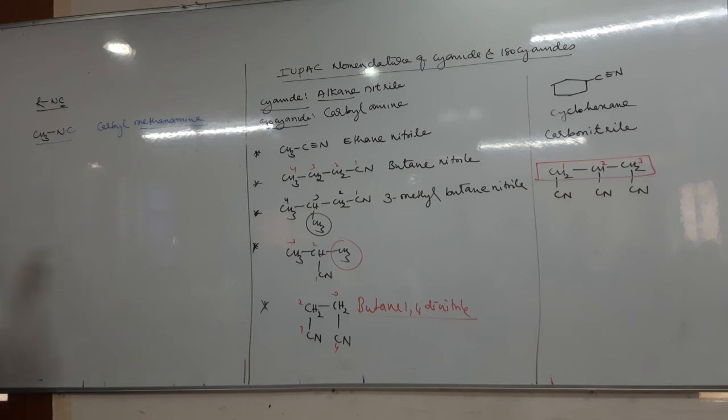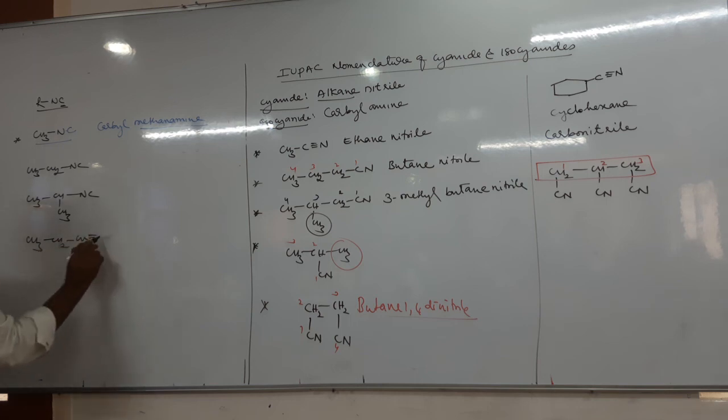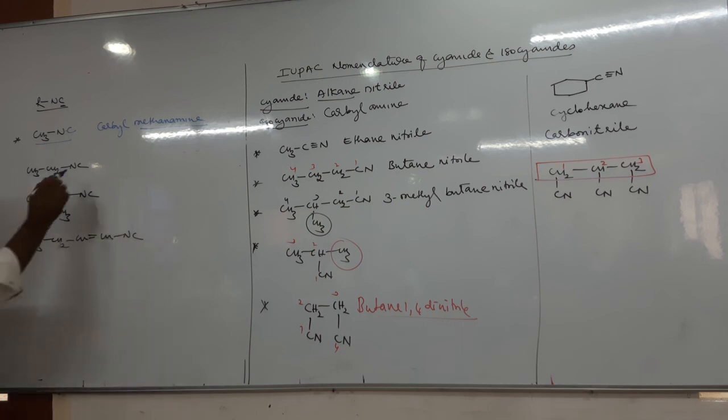Okay, the next, if it is CH3 CH2 NC, CH3 CH CH3 NC, CH3 CH2 CH double bond CH NC. So all the rules are same. The only thing is you need to write carbyl separately.